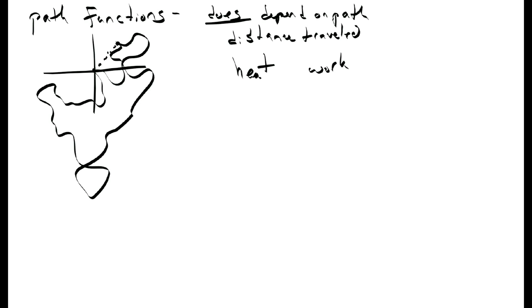Heat is the amount of thermal energy transferred from one system to another, and work is the energy needed to move an object. Okay. So think about a battery.